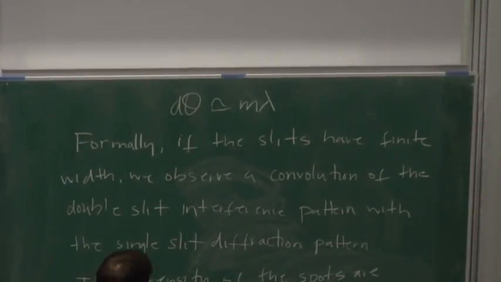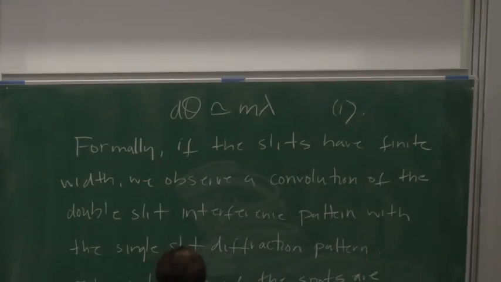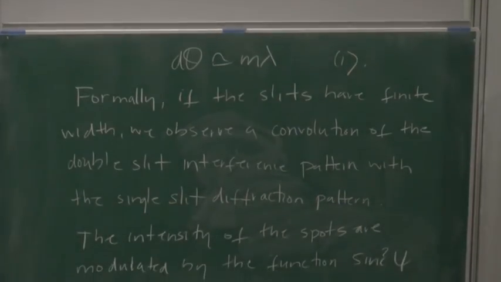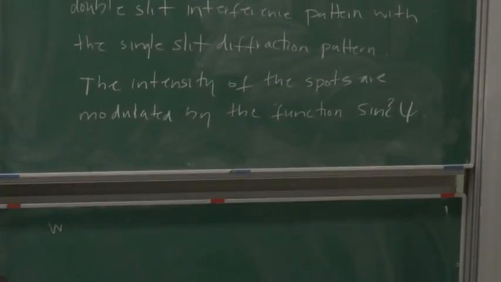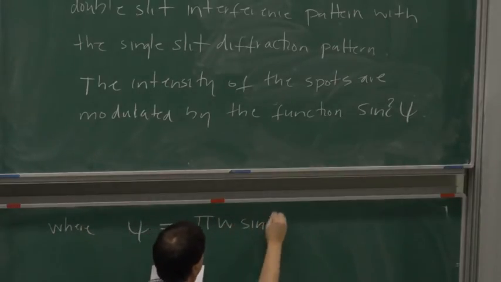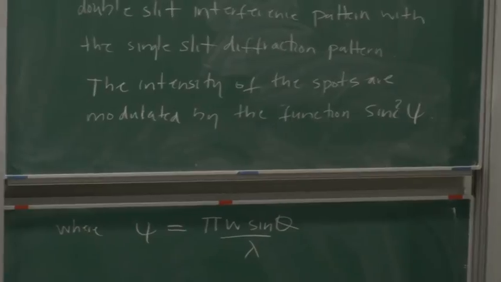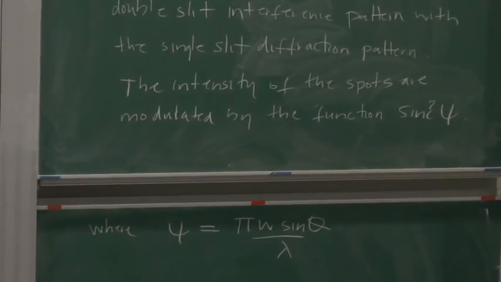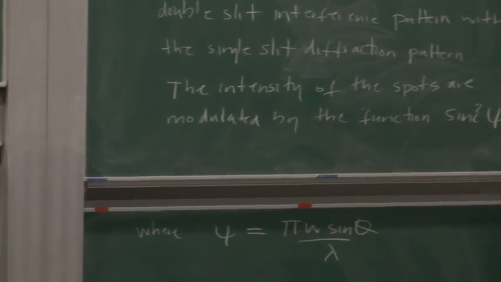So this is the intensity equation for the bright spots, where psi is equal to pi w sine theta over lambda. And again, remember with this function, this is where people get confused with the two conditions.